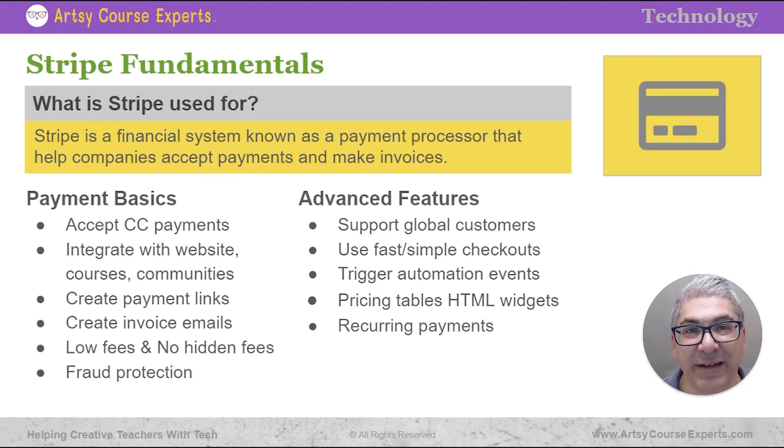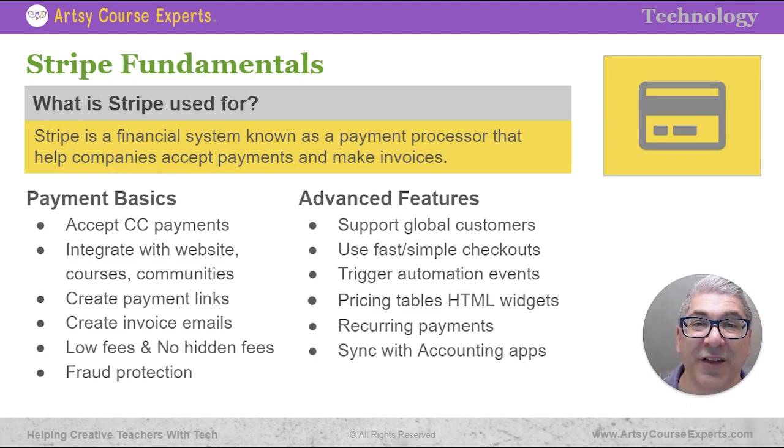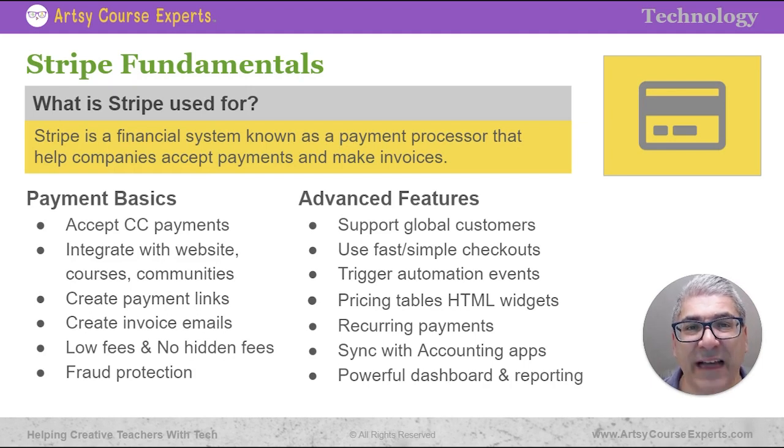And then you can connect Stripe with all the different accounting apps, like QuickBooks and other types of things like that. So your Stripe information is ready to go so that you can do taxes, quarterly reports, payroll, etc. And then finally, they just have a powerful, easy to use dashboard.